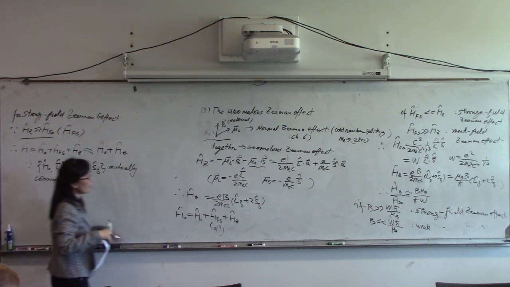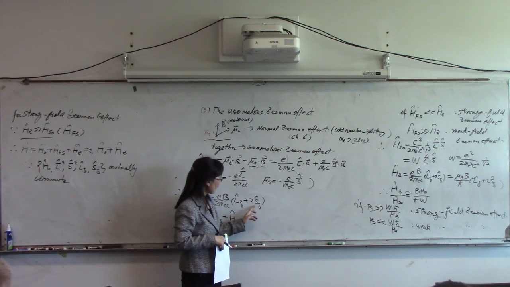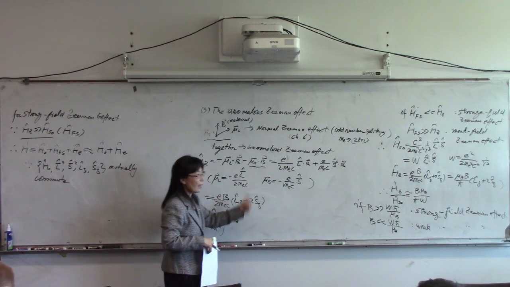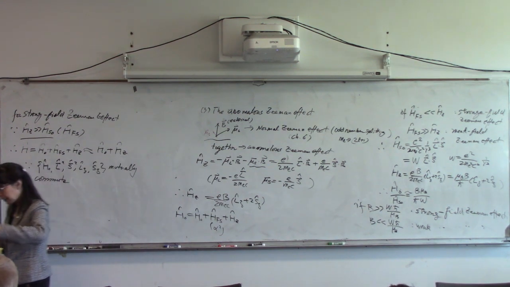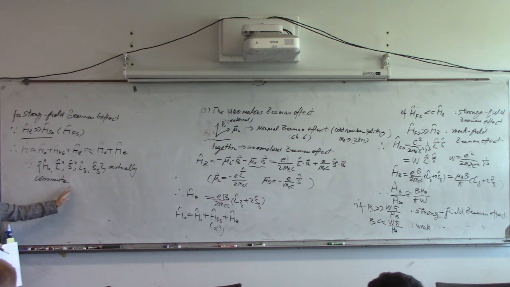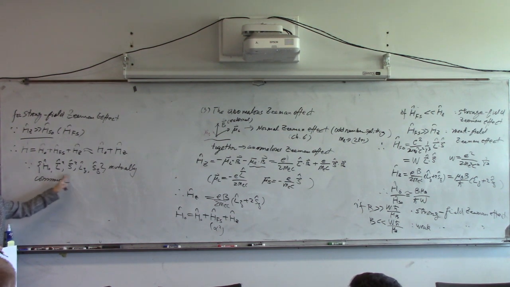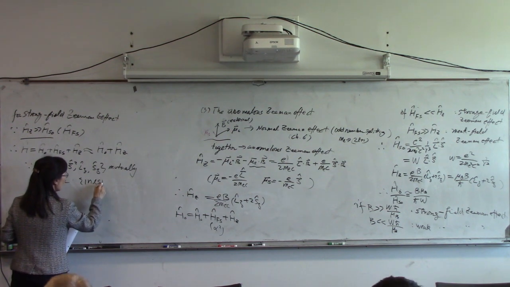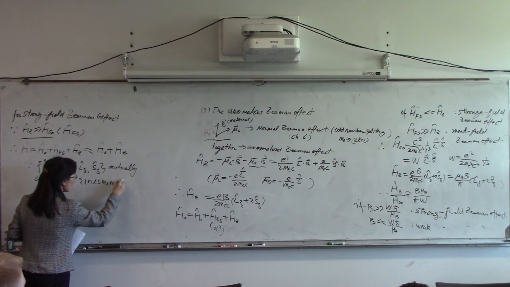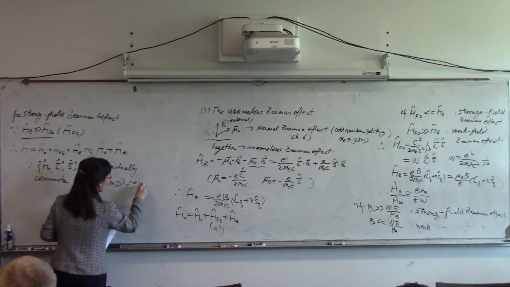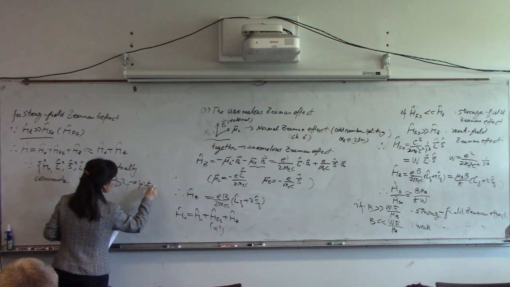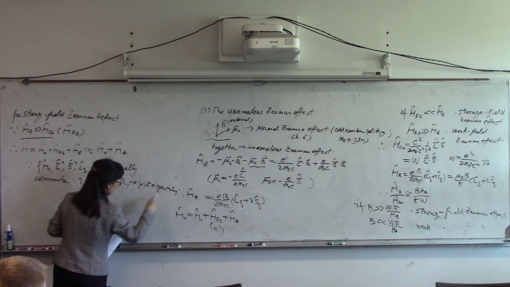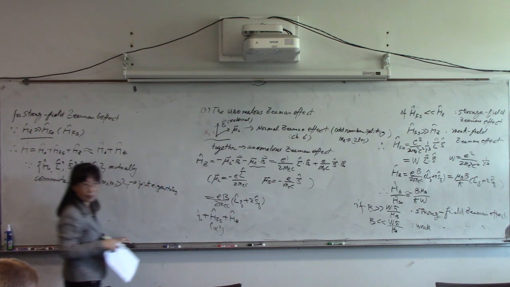Since here we have L z and S z, but J square does not commute with these two. So the joint eigenstate with n, l, s, j, m j is not a joint eigenstate for this one. But this one commutes, right? So what kind of joint eigenstates? n, l, s, m l, and m s. That is the joint eigenstate. Does that make sense?